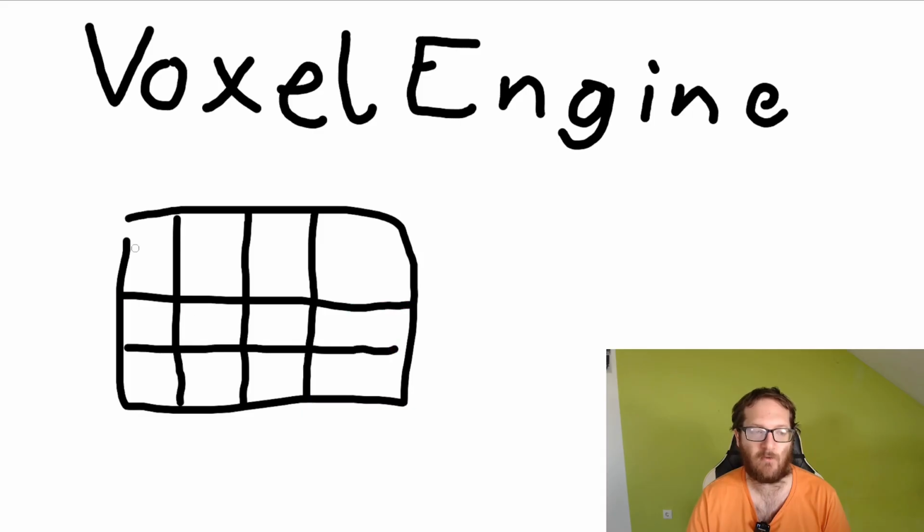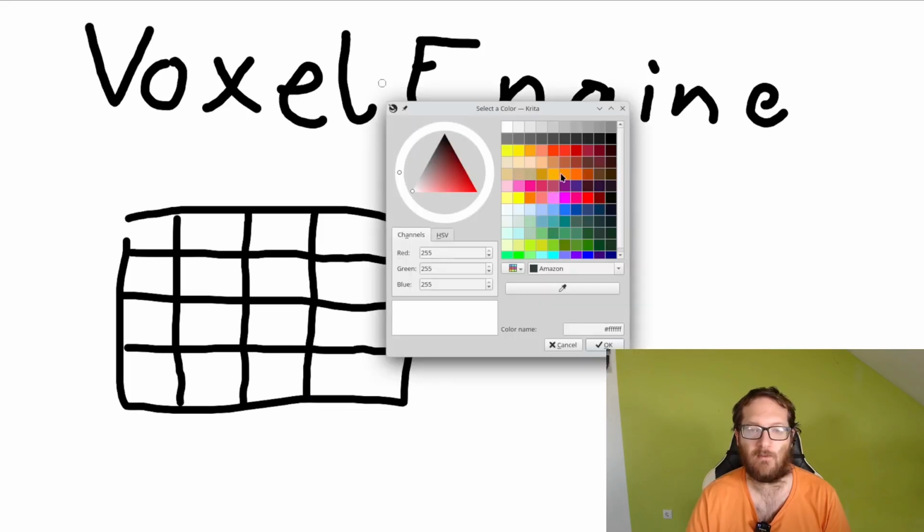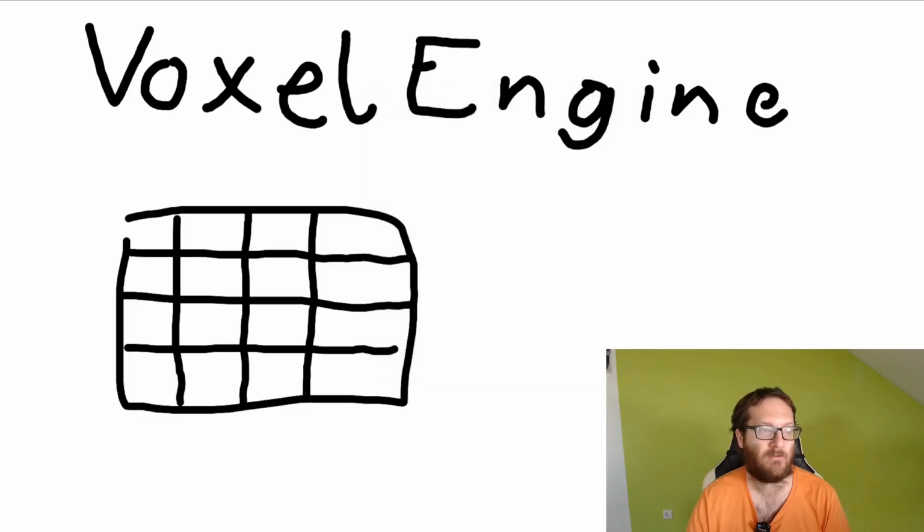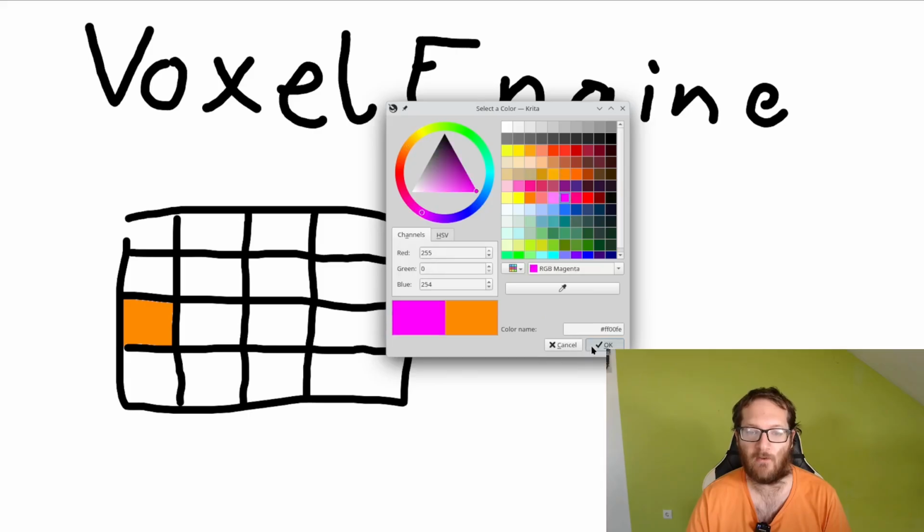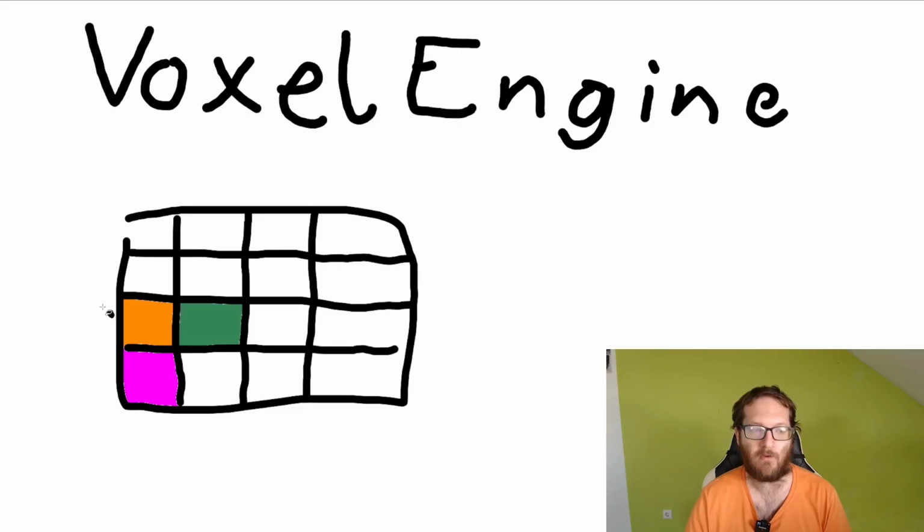So we have a grid of pixels, and the information there is that we put some kind of color into these slots. We can colorize the pixels by putting different colors into the pixel slots. So this is a pixel, this is a pixel, this is a pixel, and by making a grid of colored pixels, we have an image. And a voxel is just that, just in 3D.